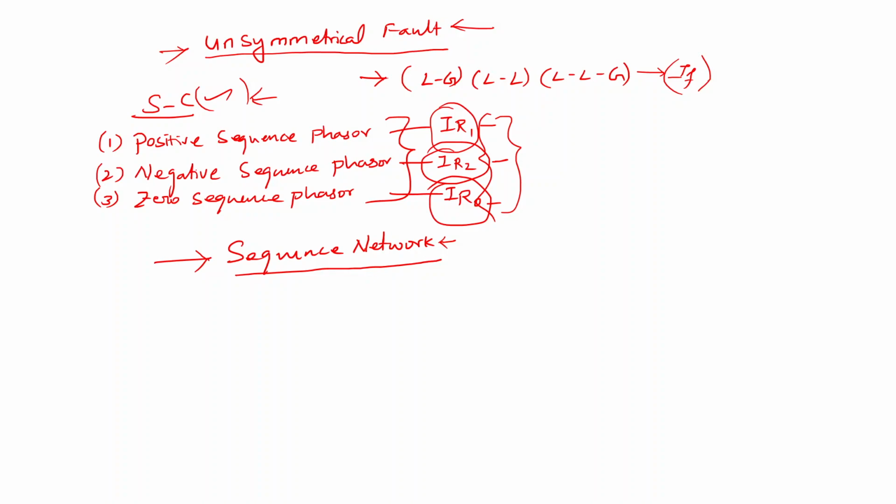Every element inside the network can be represented by its corresponding impedance value. Okay, so I will write here: equipment on a power system. This is the power system network, that is, any element of the power system.